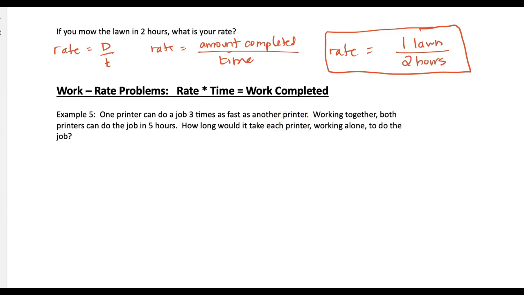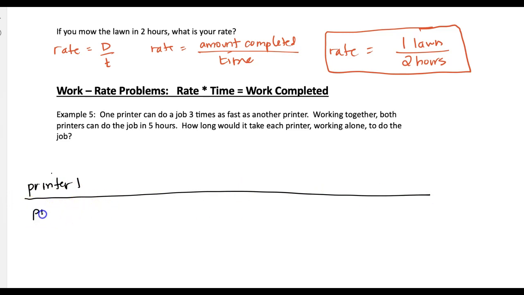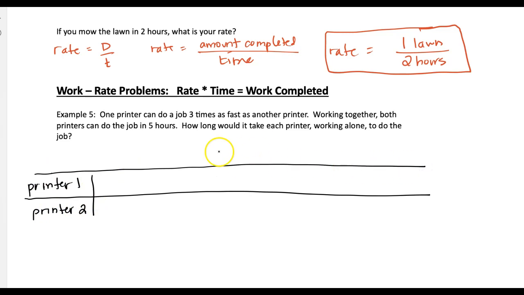It helps me to create a little bit of a chart. So here I'm going to have printer 1, and I'm also going to have printer 2. And on the top, I'm going to look at doing my distance, rate, and time. So I'm going to look at their time alone, because that's what I was given up here, how long it took one person to mow the lawn.